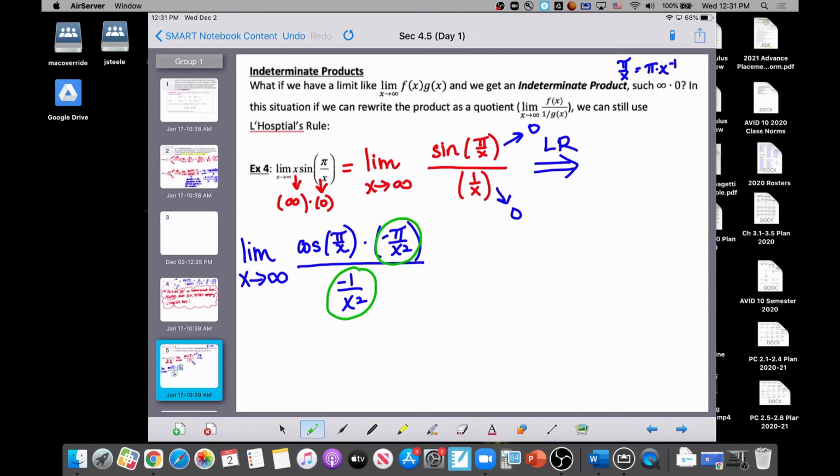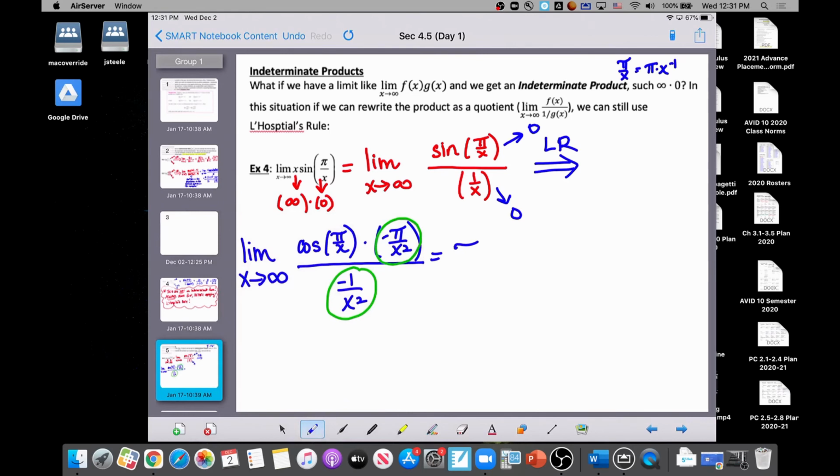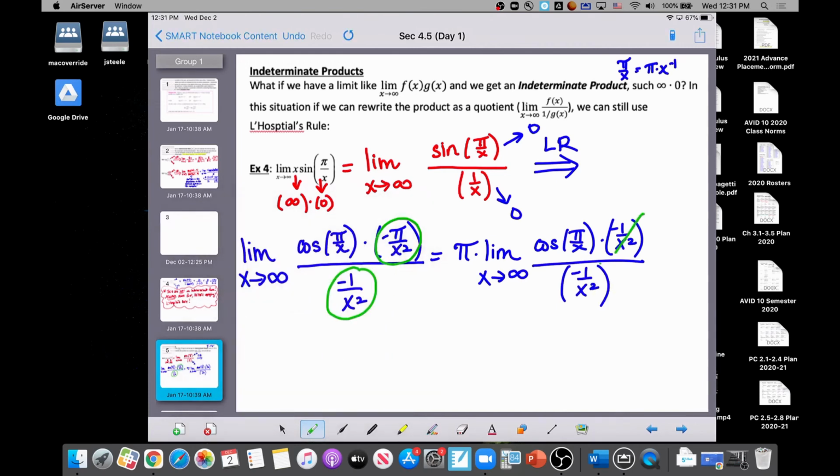So I can actually take that pi and pull it out and put it in front of the limit. So this is going to be equal to pi times the limit as x approaches infinity of cosine of pi over x times 1 over x squared, over negative 1 over x squared. And now I can cross those out.